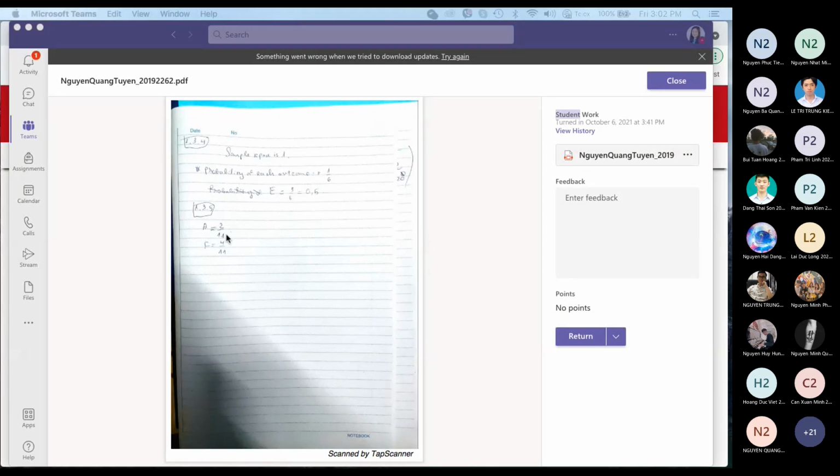A equals 2/11, F equals 4/11. If you do it like this, you won't get any points on the final exam or midterm test, because people don't know what A is here, what F is here, and what the probability is. We don't show it, so please do it again.